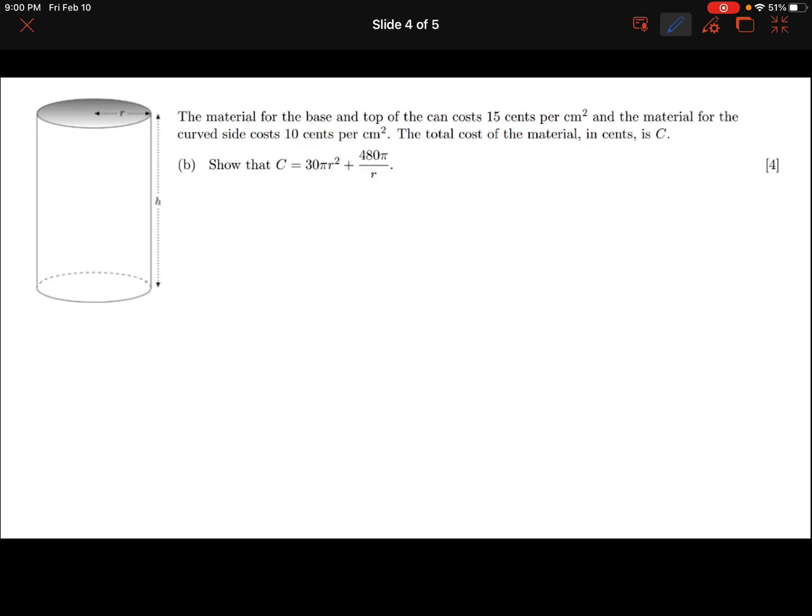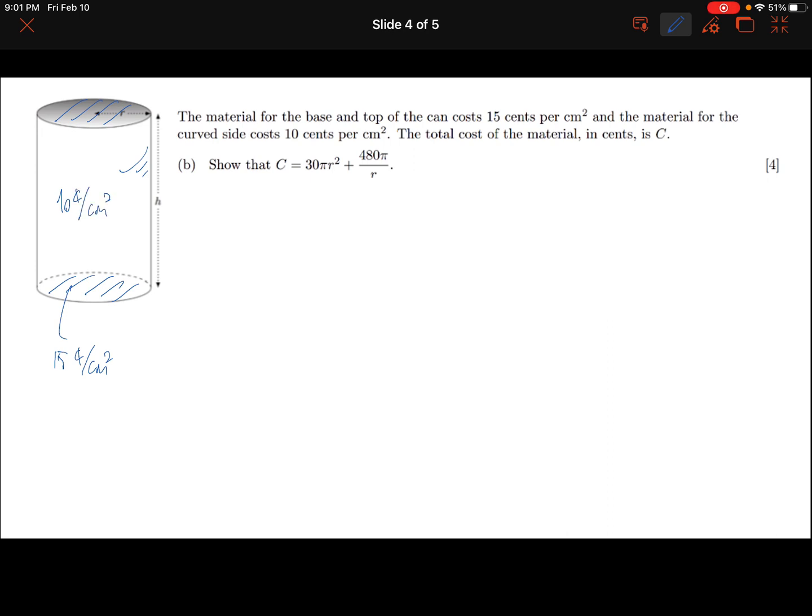Moving on now. The material for the base and the top of the can costs 15 cents per centimeter squared. So in this case, the base and the top is 15 cents per centimeter squared. But the side, the curved side, it's 10 cents per centimeter squared.